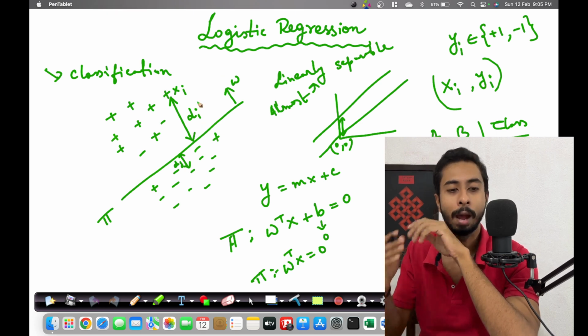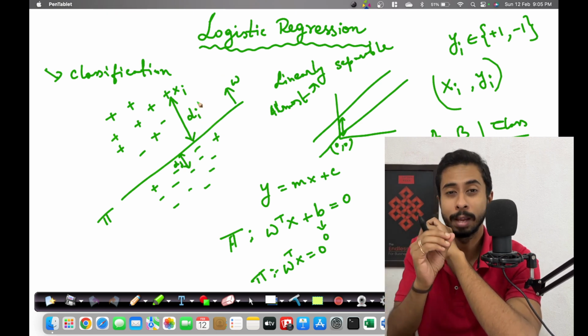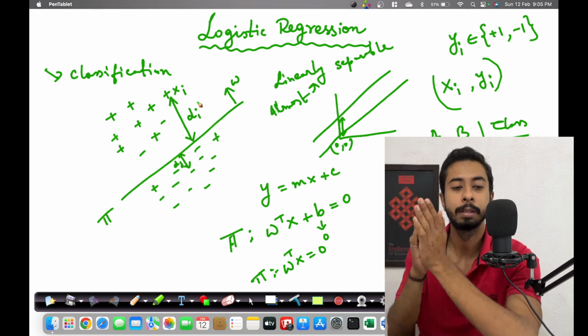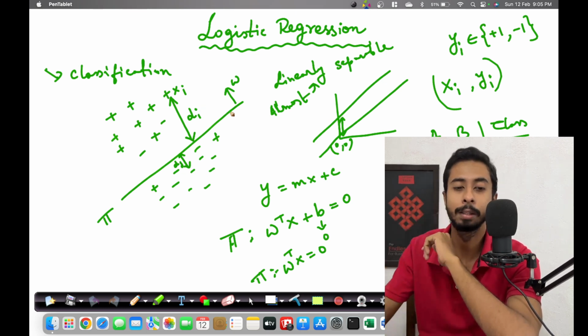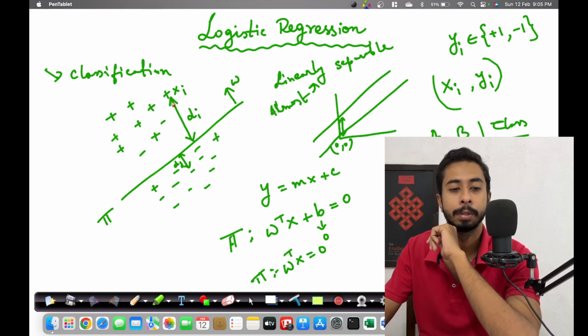So what is di? Since xi is a point which is on the same side of the plane where the normal is pointing, this di will be positive.